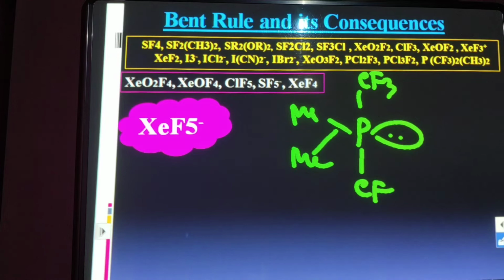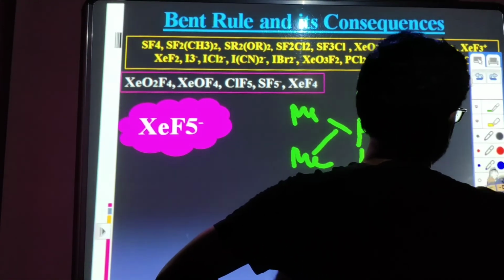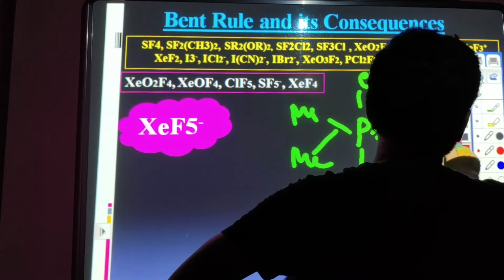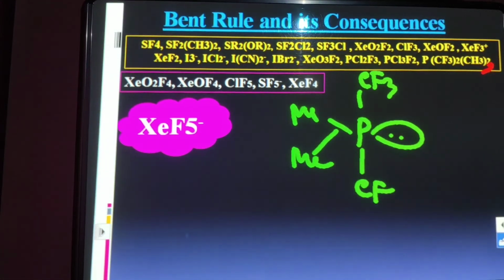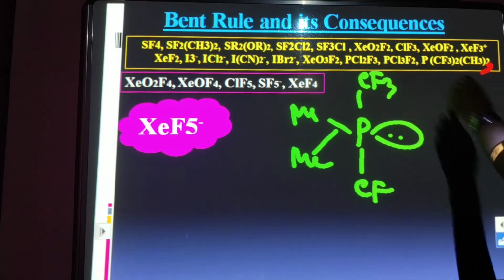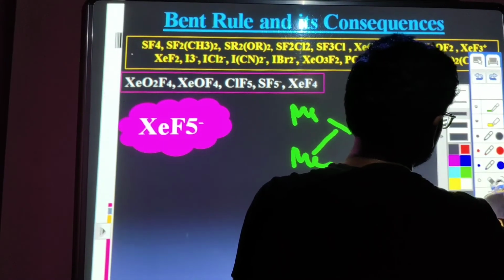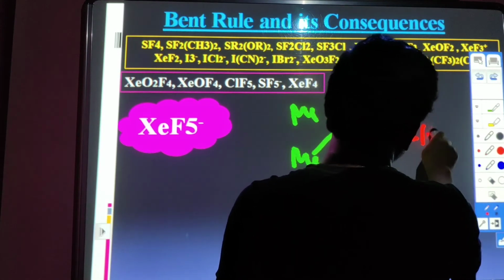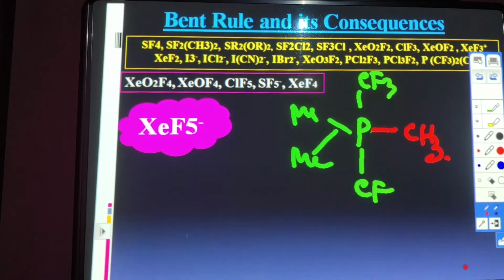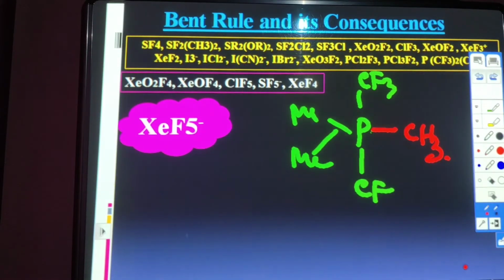Do one thing: P(CF3)(CH3)2, and P(CF3)(CH3)2 thrice. Do it like that. So what will happen? One more CH3 equation. Done.